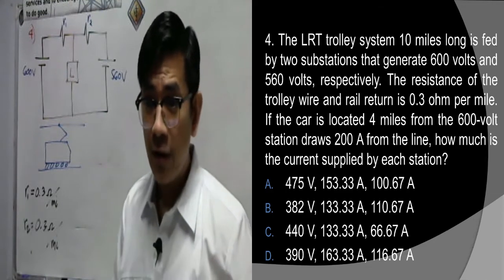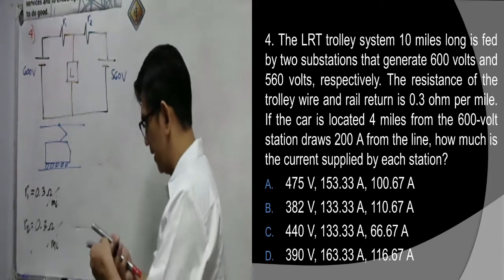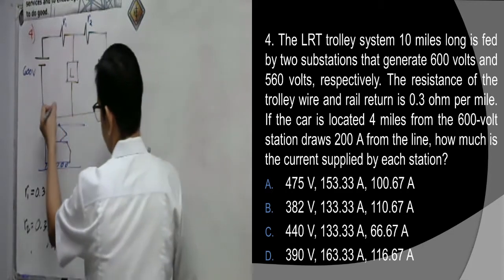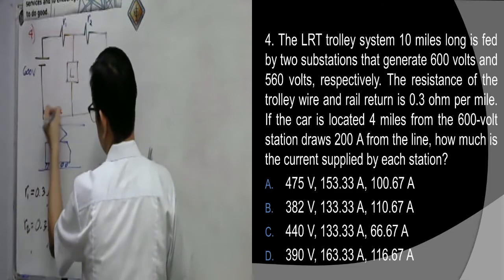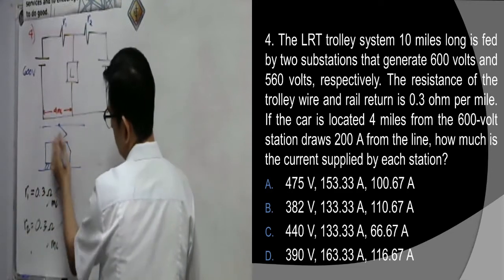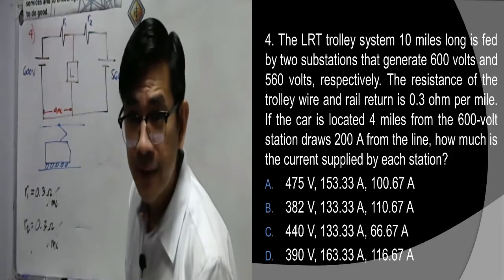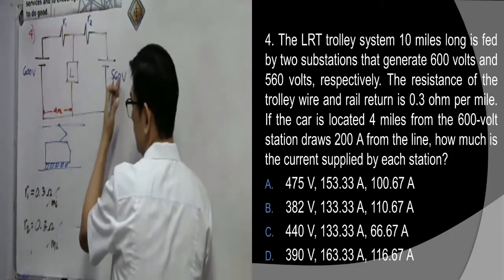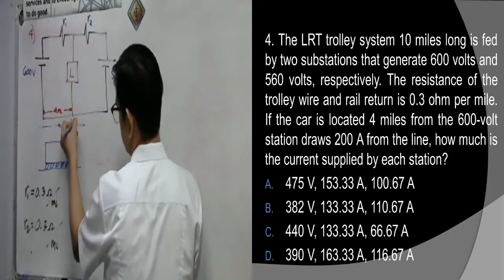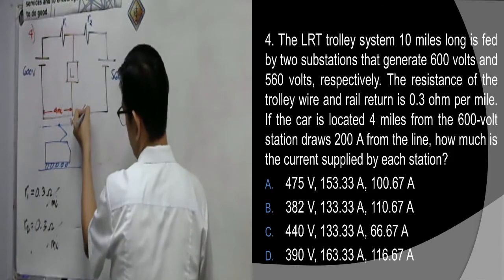If the car is located 4 miles from the 600 volts station, so this is 4 miles from the 600 volts going to the car. The two stations are 10 miles apart. So therefore, this is 6 miles.